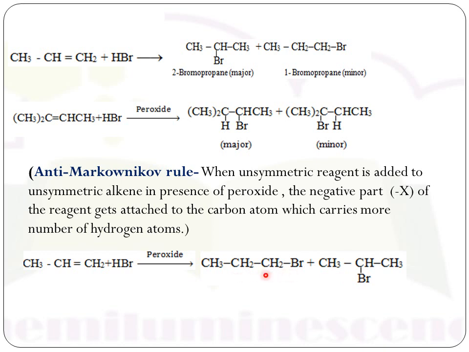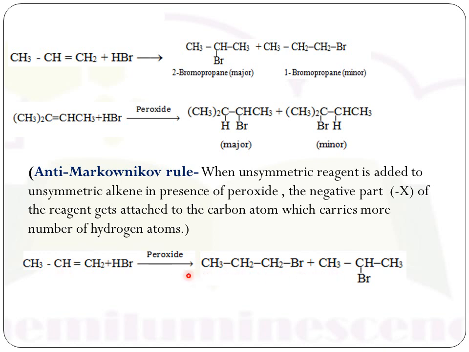Out of this, 1-bromopropane is obtained when Br is attached to the carbon having more hydrogen atoms, and 2-bromopropane is obtained when bromine is attached to the carbon carrying fewer hydrogen atoms. Out of these two, which one is major and which one is minor?